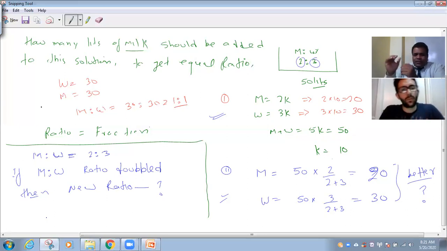At present, the milk to water ratio is 2:3. If the milk to water ratio is doubled, then what is the new ratio? 1:6. No, it's the wrong answer. Think.